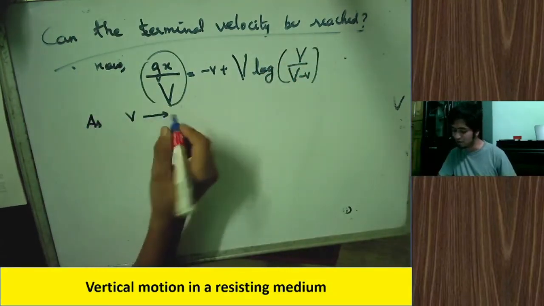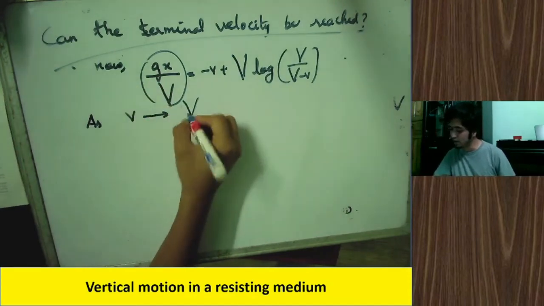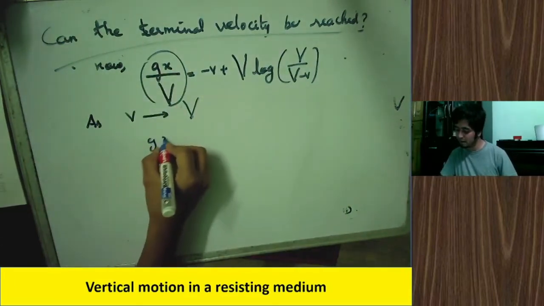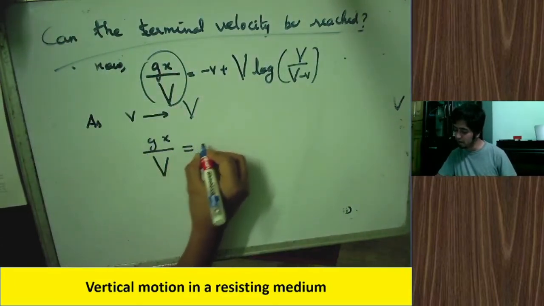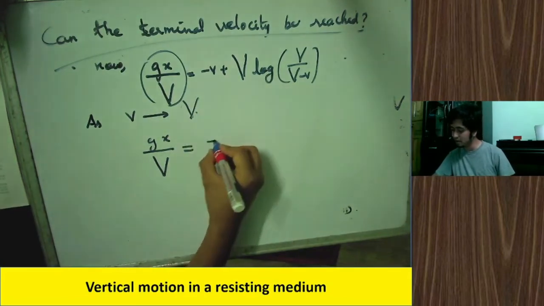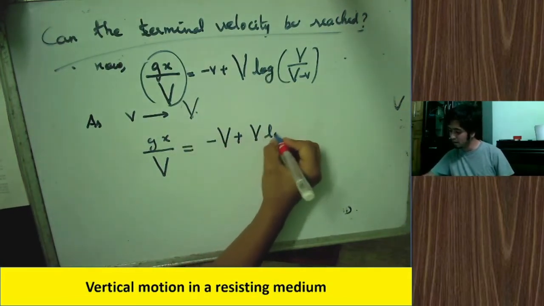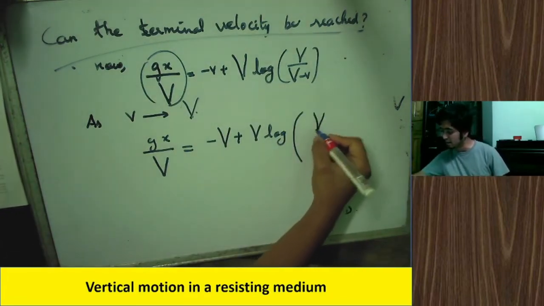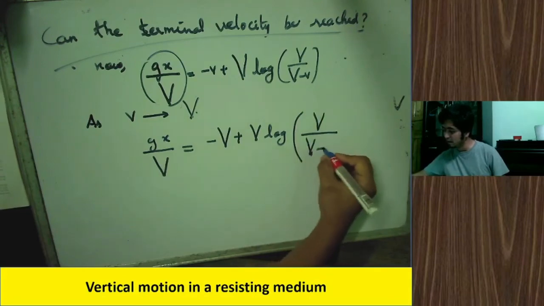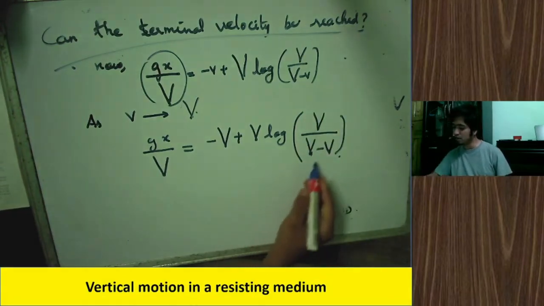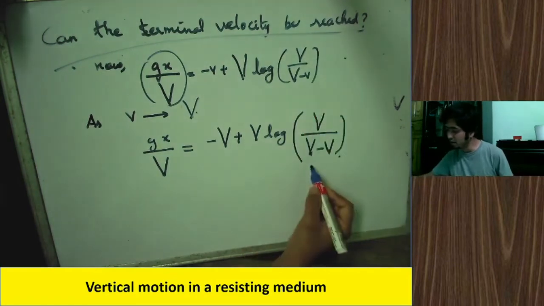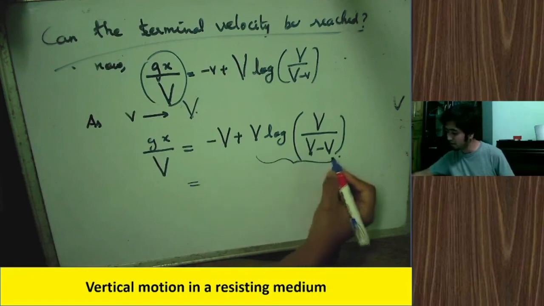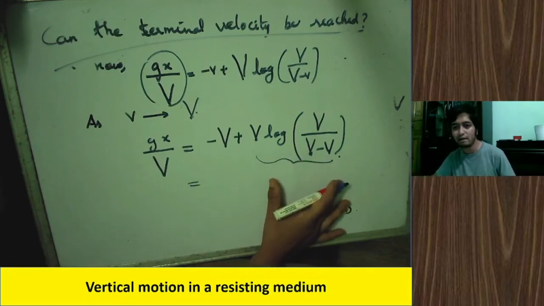As v approaches, sorry, I made a mistake. As v approaches the terminal velocity, what will this expression give? gx upon V, as v approaches terminal velocity. If you substitute it, you will have something that looks like V minus V, approximately. The limit of this looks like it is going to be infinity, because the log over here will be undefined.